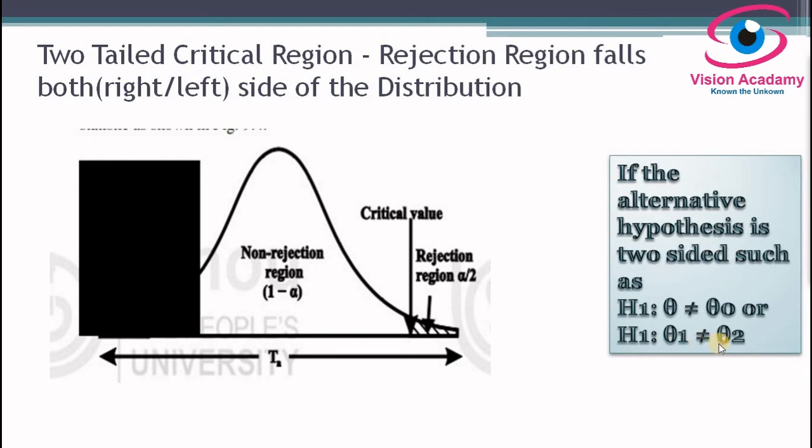So in the alternative hypothesis there is an indication of not equal. It is not a case of lesser than, it is not a case of greater than, which means it indicates both sides. Greater than means right side, lesser than means left side. So it is an equality or inequality, which means it must be plotted for both sides.